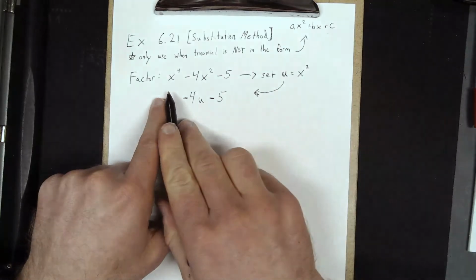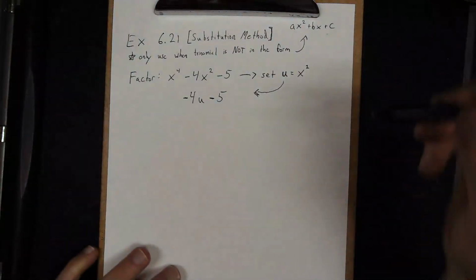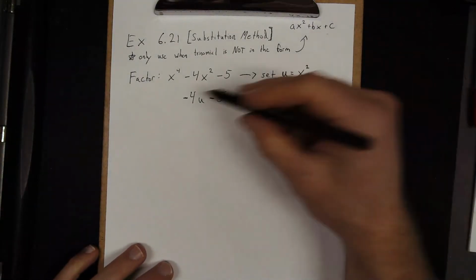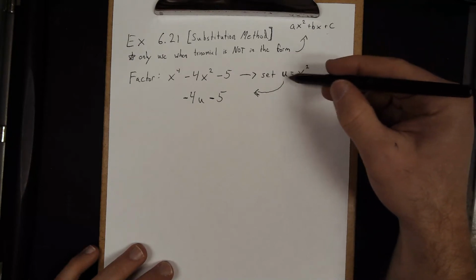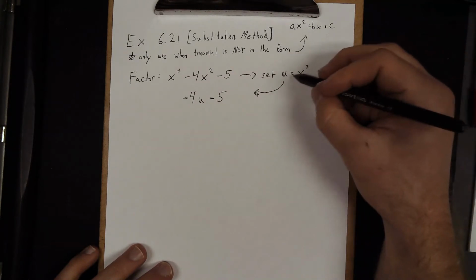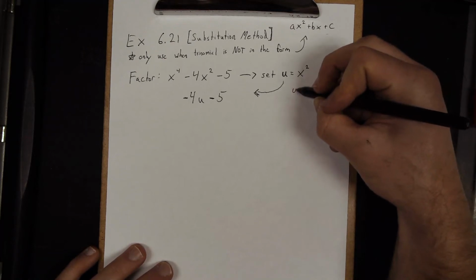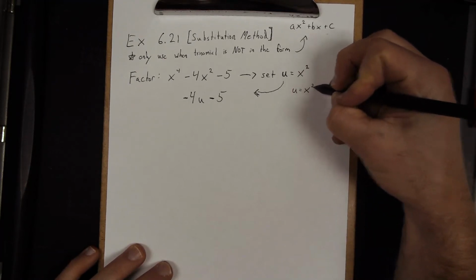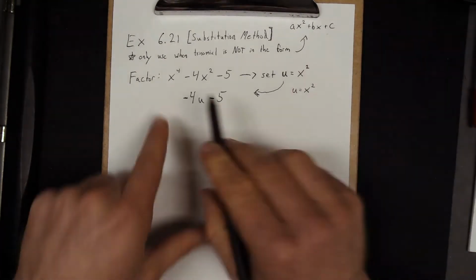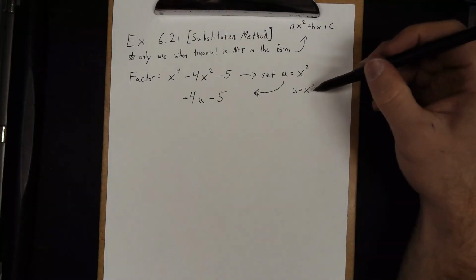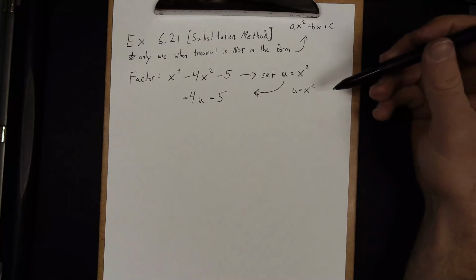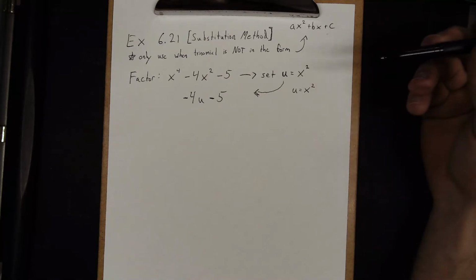But now over here, you might already be saying to yourself, oh, x squared squared gives me x to the fourth. But if you didn't know that, you could write your u equals x squared, and you can say, okay, well, I'm trying to get to an x to the fourth, so how do I get from x squared to x to the fourth? And you might say, oh, square it.